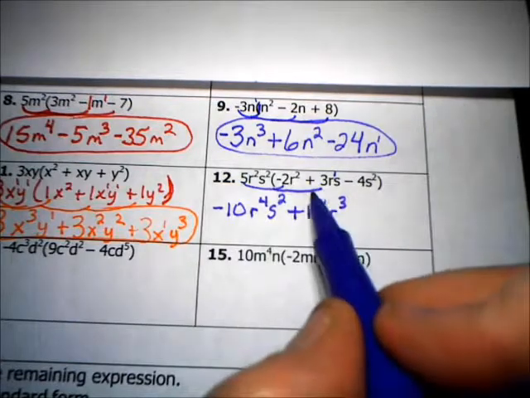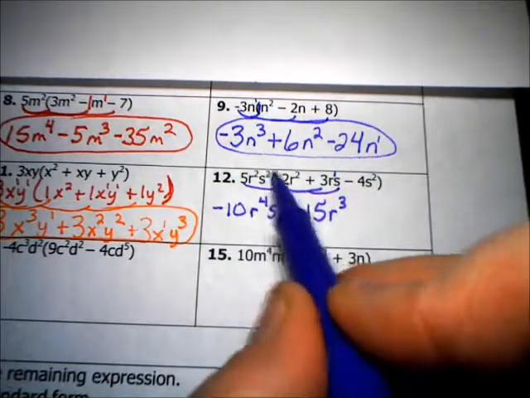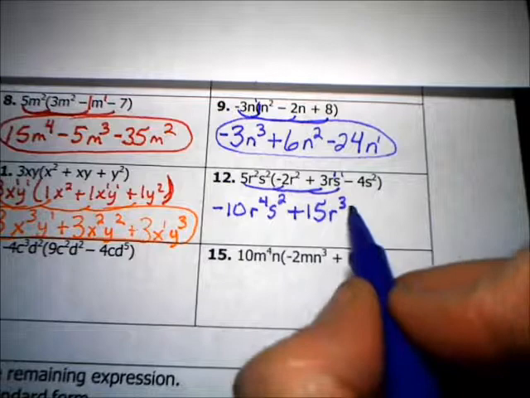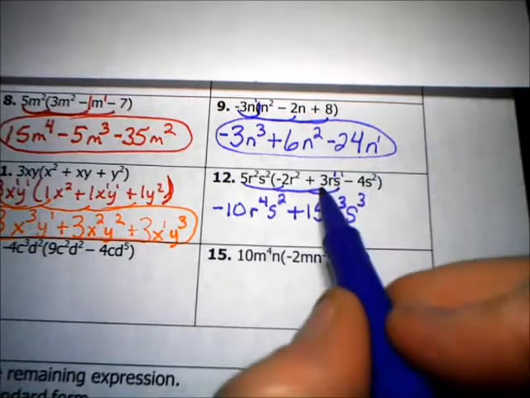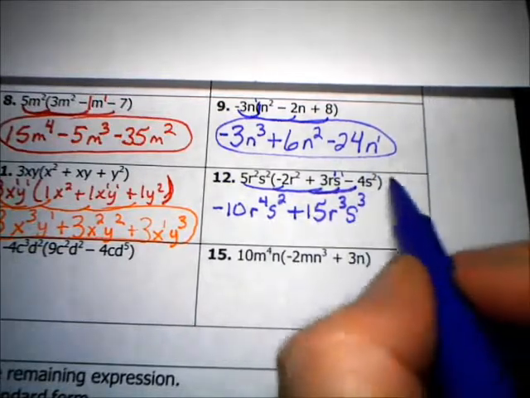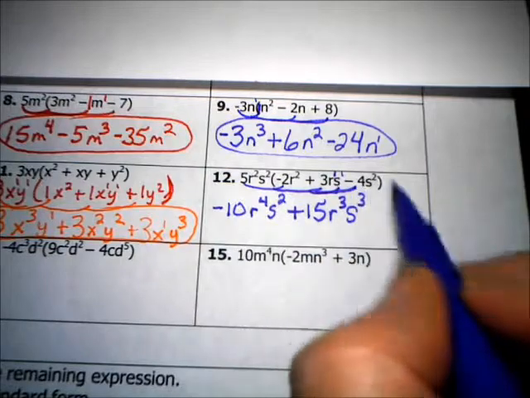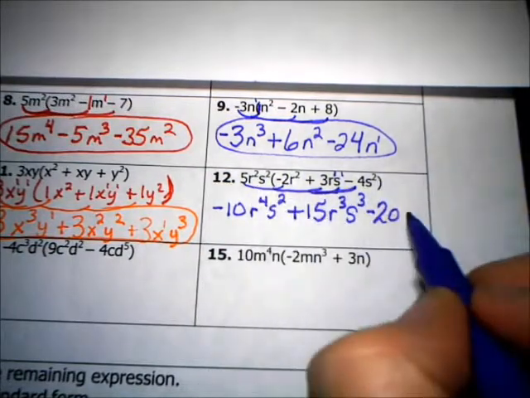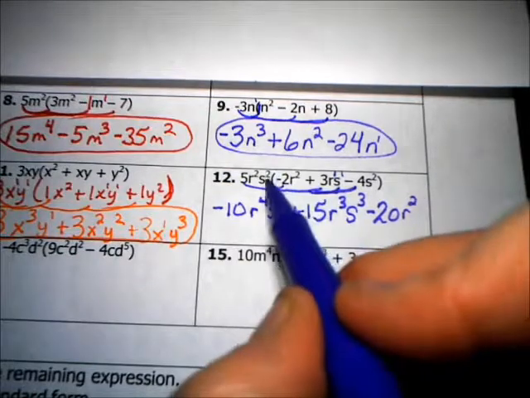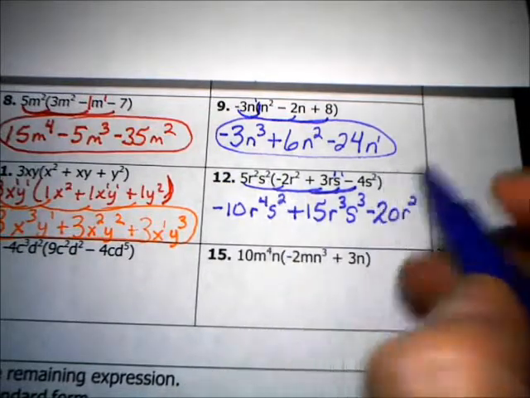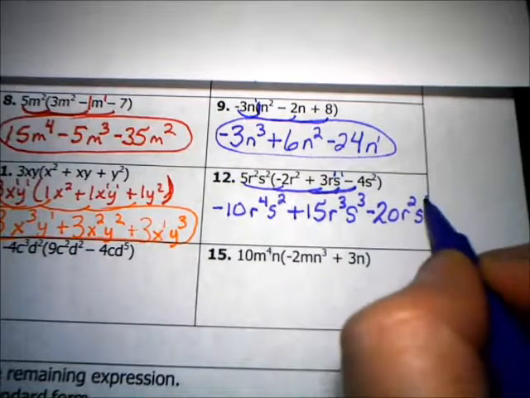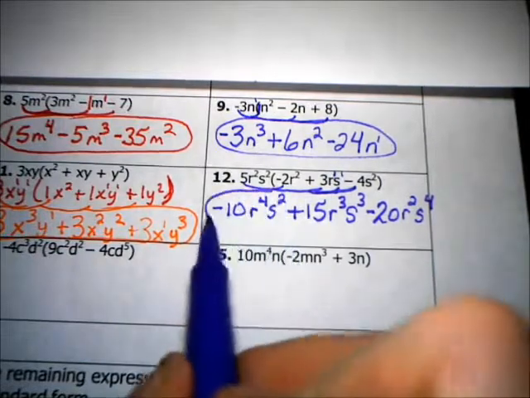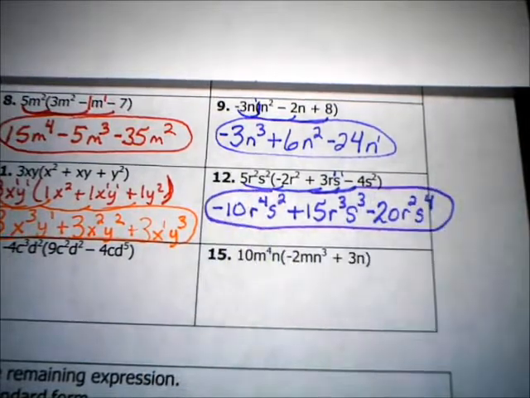And then the s's, s² and s¹ gives you s³. Let's go to the last term. 5 times a negative 4 is a negative 20. And then I have an r squared, but the s's, I have s² and an s² gives you s to the 4th power. And there's your answer.